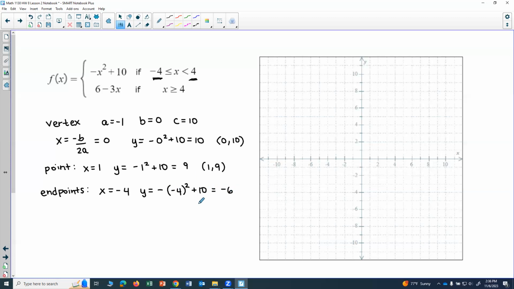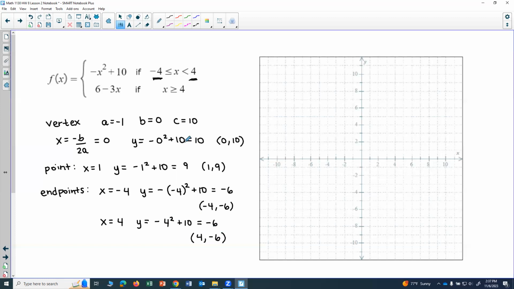So that would give me a negative 6. So I'll have the point negative 4, negative 6. And then I'll have x equals positive 4 for my other endpoint. And I'll have y equals negative, and then 4 squared plus 10. 4 squared is 16, so I get negative 16 plus 10, so negative 6. So my endpoint on the right side will be 4, negative 6.